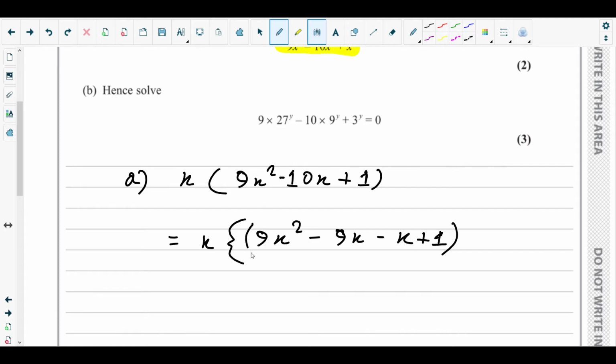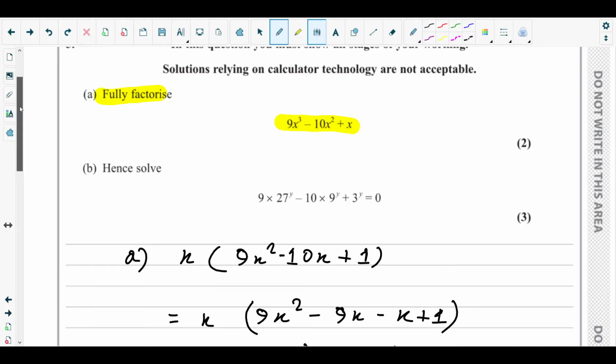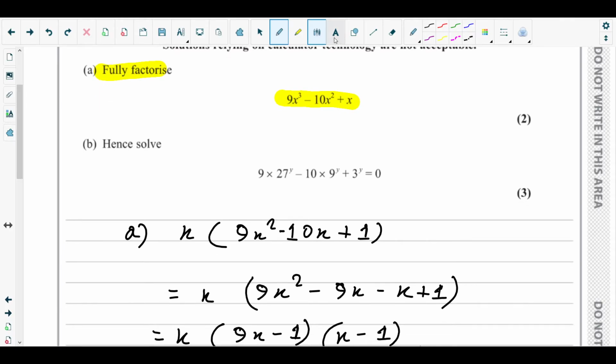Then if you take 9x common, you will get x minus 1, and if you take minus 1 common, you will get x minus 1 also. So the factors are x, 9x minus 1 and x minus 1. This is the factorized form of the given cubic expression, 9x cubed minus 10x squared plus x.